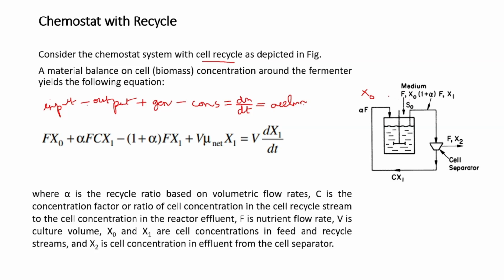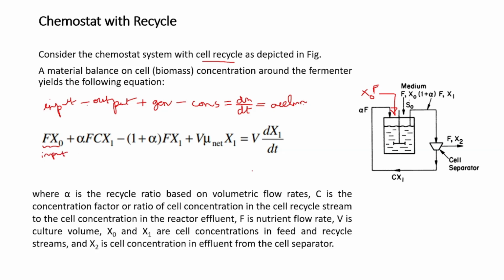If you look at the right hand side, in the feed stream you have an initial concentration of biomass, which is x naught. In the feed stream you give a feed of flow rate F containing initial biomass concentration x naught.